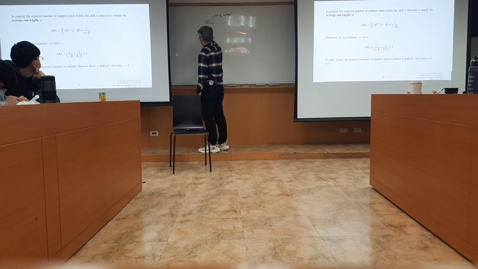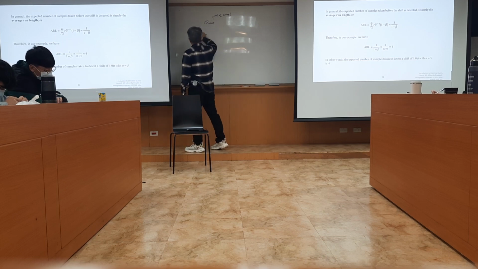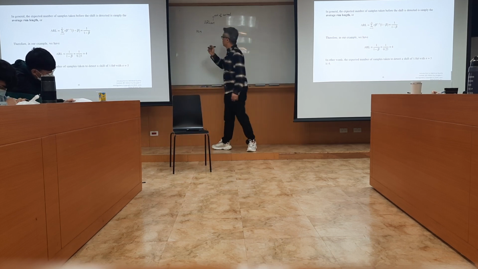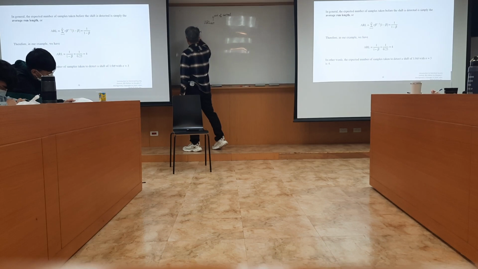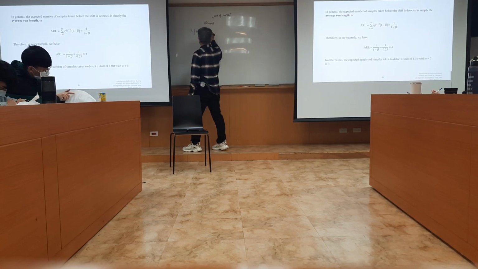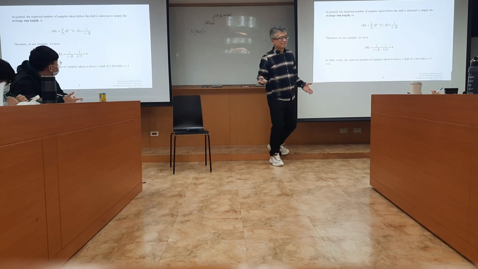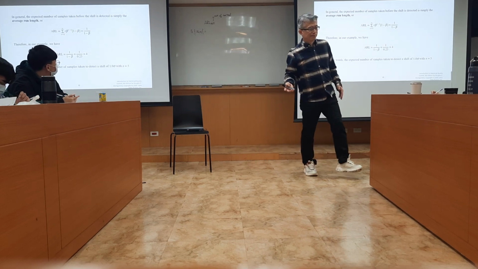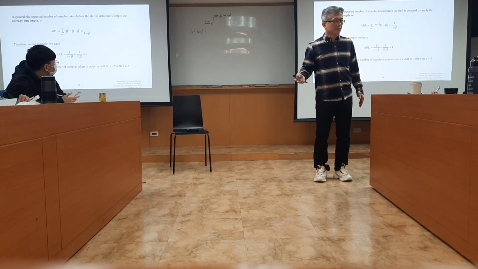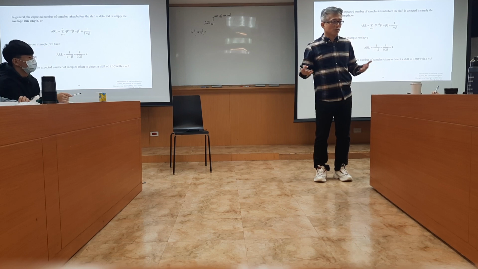When the run length is equal to 1, when the process is out of control, what is the probability of it being equal to 1? Out of control. No, probability.